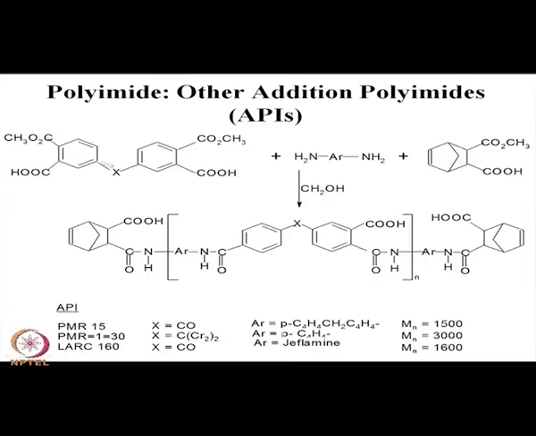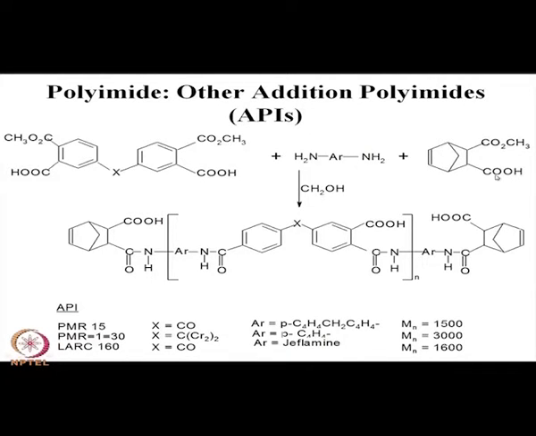A molecule having two diester and diacid can react with diamine, aromatic diamine or aliphatic diamine, in presence of this molecule having this cyclopentadienyl group. Basically this is ethylidene norbornene type of structure.